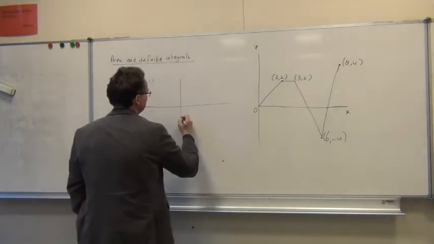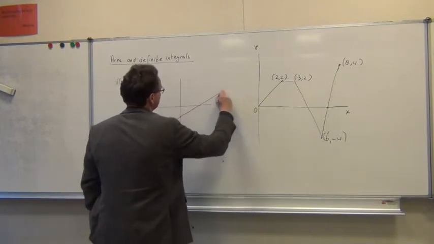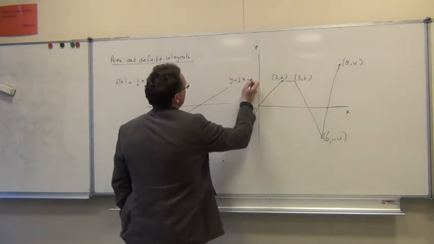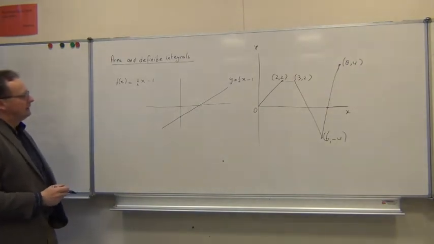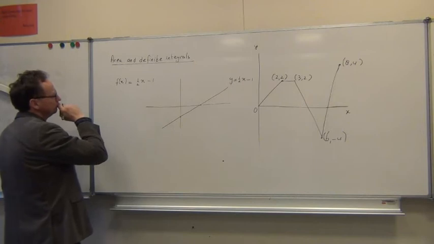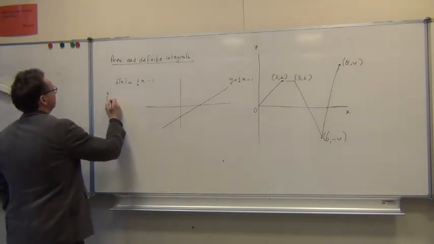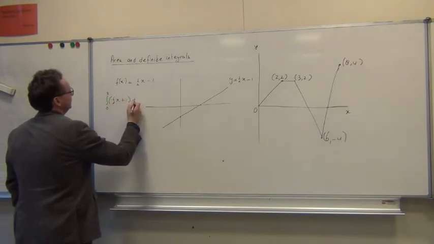It starts at minus 1 and crosses zero at the x-intercept, something like this. So y is half x minus 1. And also here we would like to do some integration. Suppose we want to find the definite integral from 0 to 3 of half x minus 1 dx.